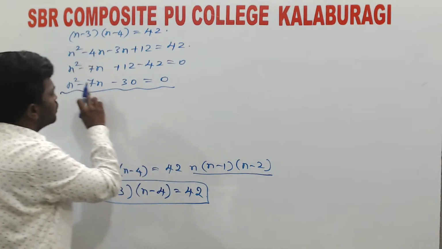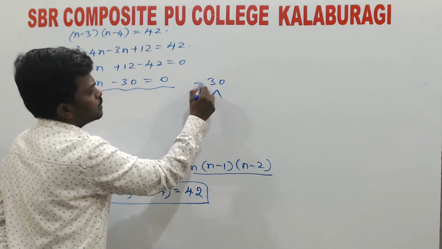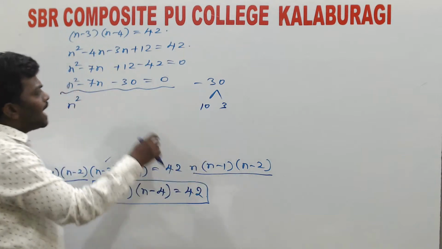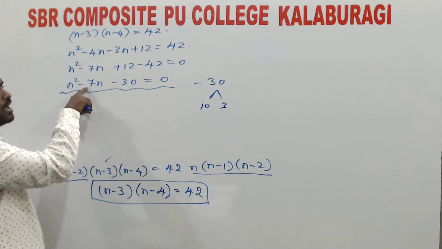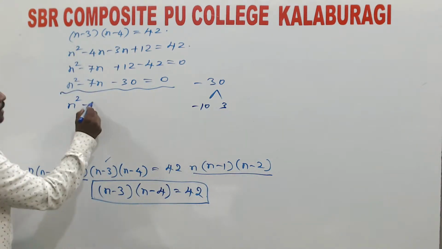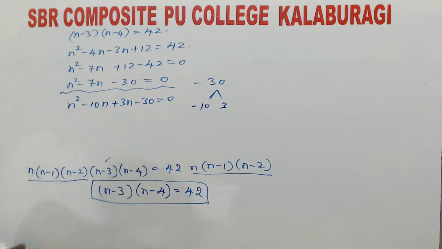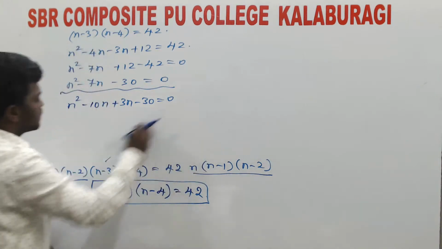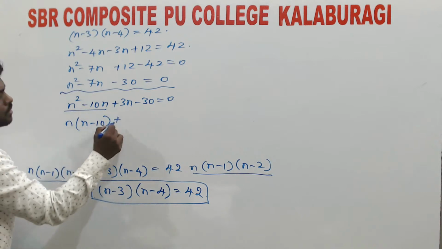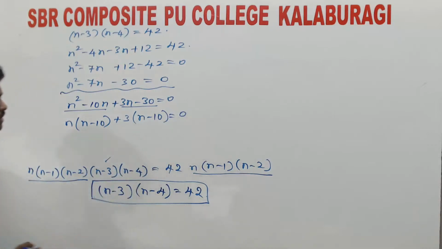So factorize it. n square, it's very easy. Multiply in such a way that I get minus 30, and when we add or subtract, we should get minus 7. So minus 10 and plus 3: n square minus 10n plus 3n minus 30 equal to 0. From the first two, I take n common: n into n minus 10, plus 3 common: 3 into n minus 10, equal to 0.